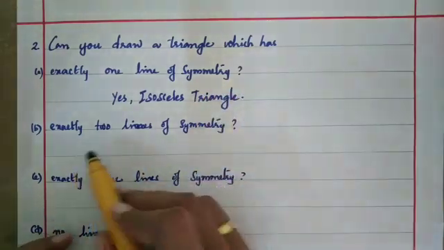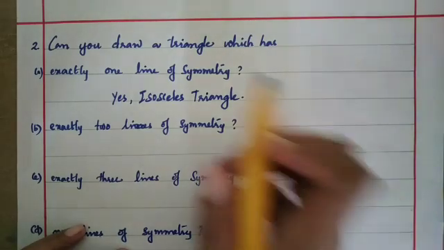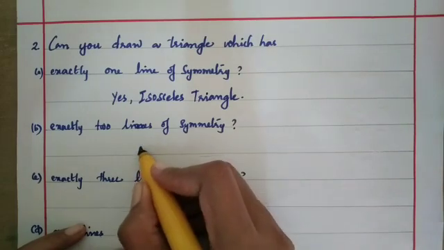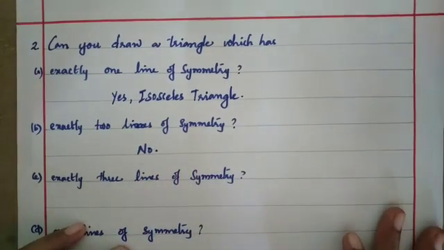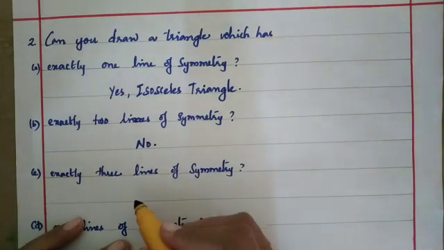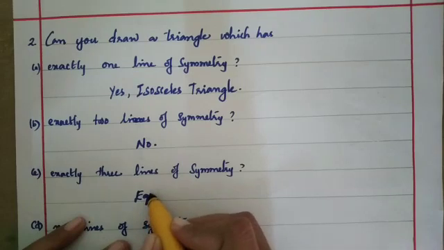Exactly two lines of symmetry. Does any triangle have exactly two lines of symmetry? No, you can't draw one. Exactly three lines of symmetry. Which figure is it? The equilateral triangle.